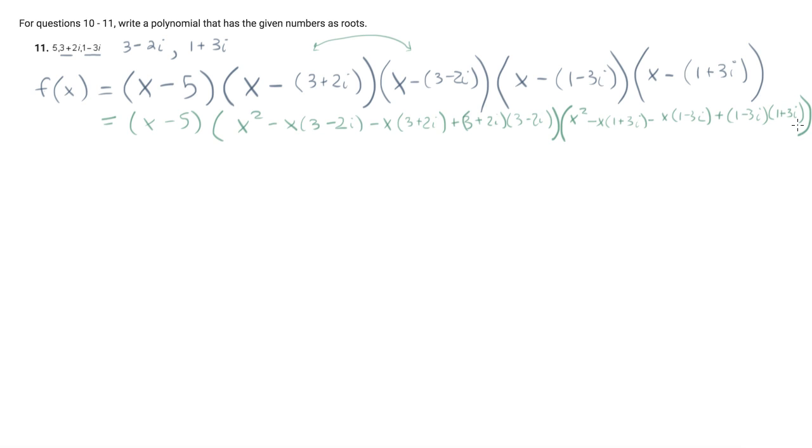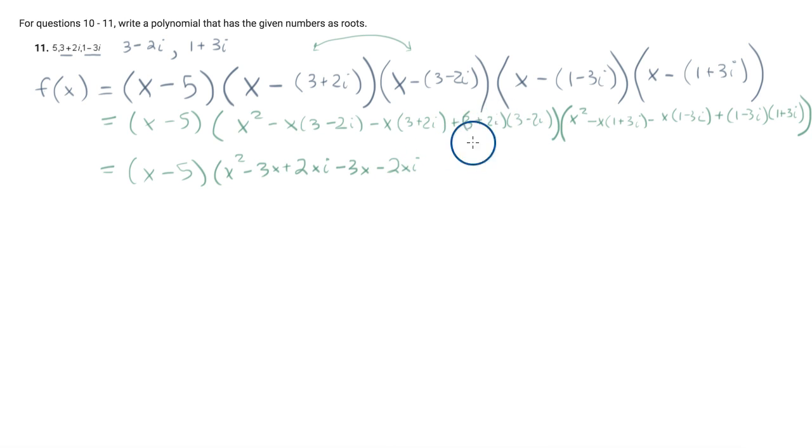All right, so let's make these crazy parentheses a little bit better. So I have x minus 5, and here we're going to be able to distribute. So negative 3x plus 2xi, the convention is to put the i at the end, minus 3x minus 2xi.